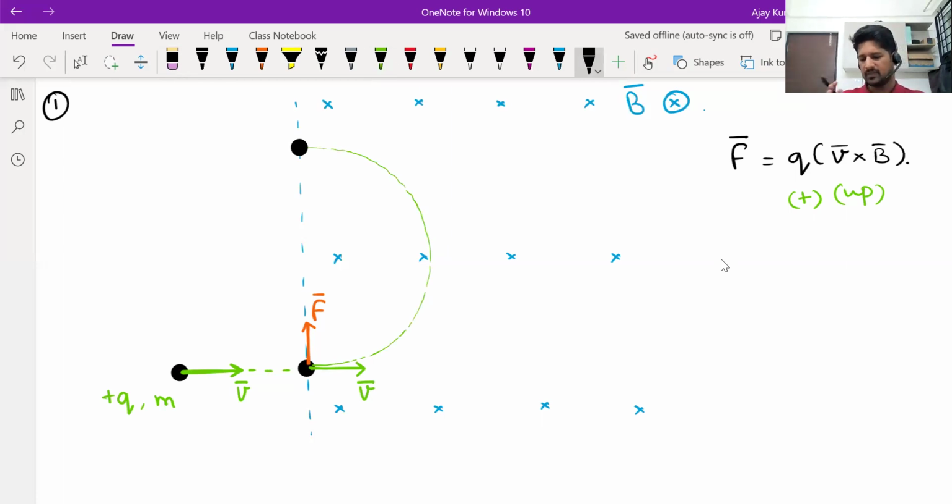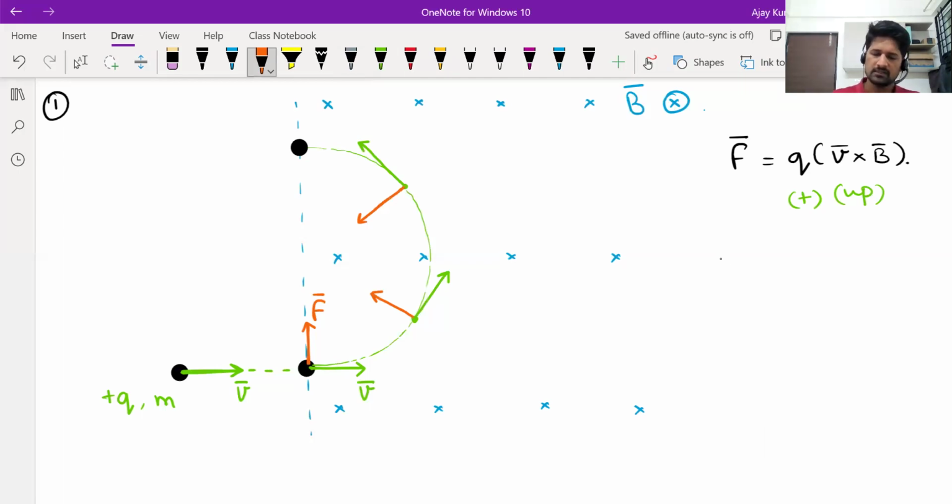As long as it is inside the magnetic field, it will experience that force QV cross B, and at any instant, the force will be perpendicular to the velocity. So it will keep taking that turn. It will keep turning. So it will try to execute circular motion as long as it is inside the magnetic field.